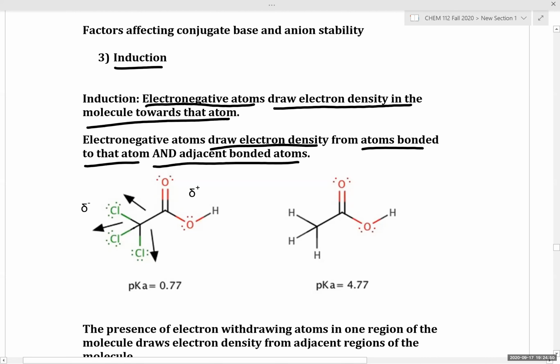For example, these chlorines are really electronegative, so they're pulling on this carbon. This carbon in turn, because it is electron deficient, acts like a more electronegative atom.